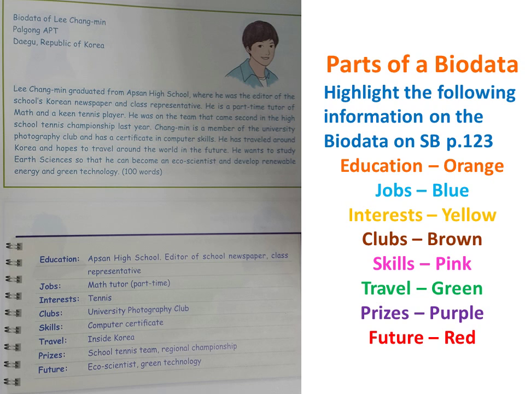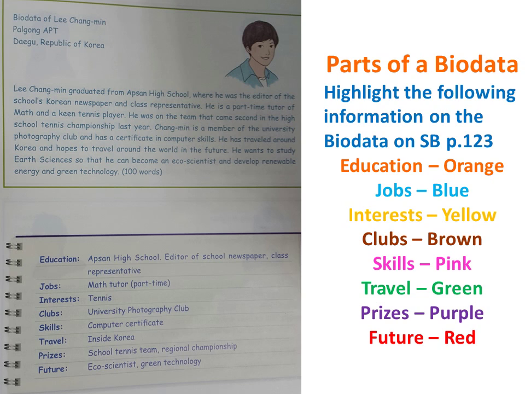I want you to go through and highlight the education. When he talks about his schooling or education or any training that he's done, go and highlight it orange. Whenever he talks about any work, part-time or volunteer work, go and highlight it blue. Highlight his interests yellow, things that he likes to do or enjoys doing.